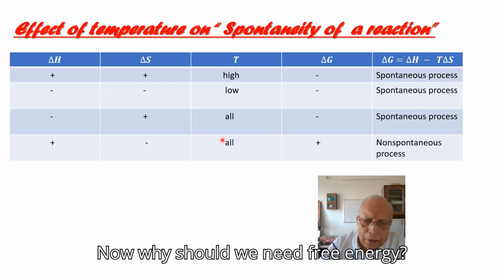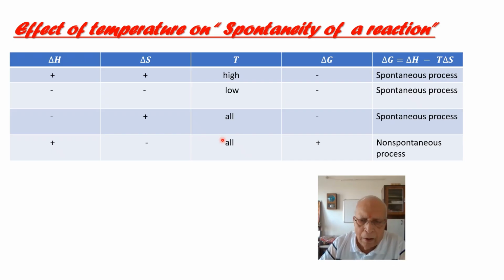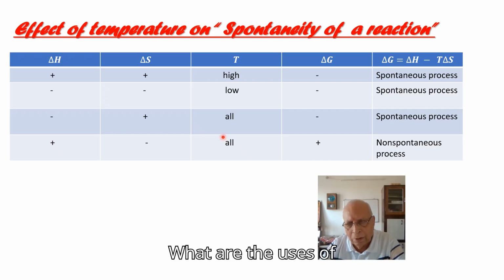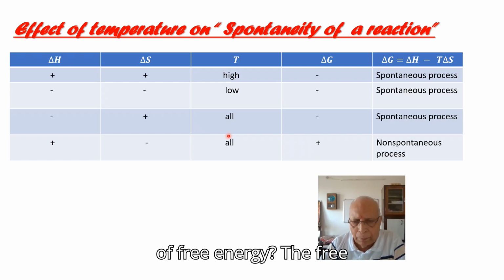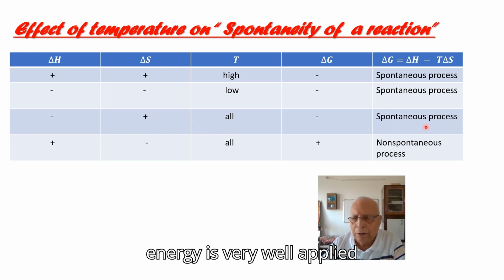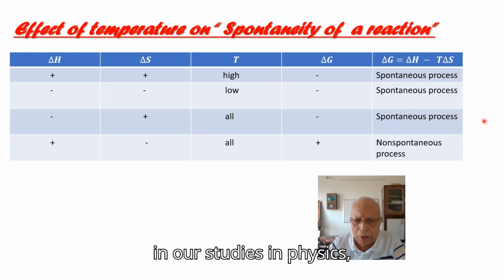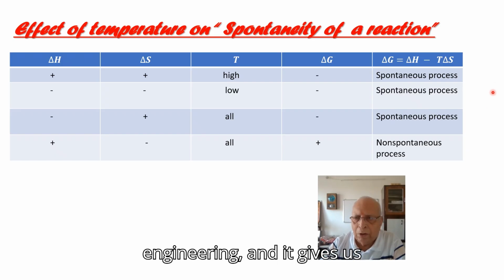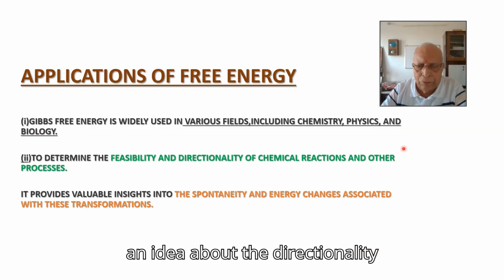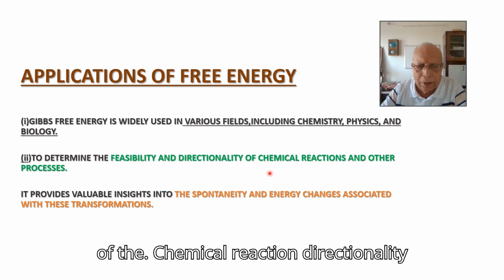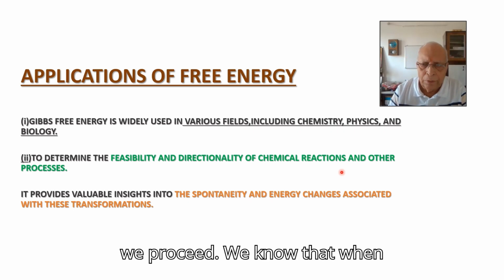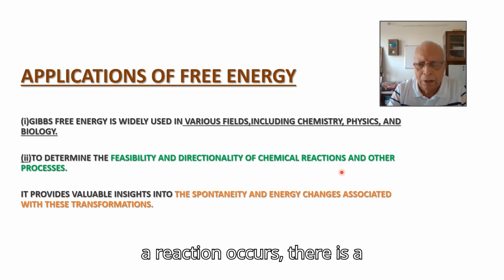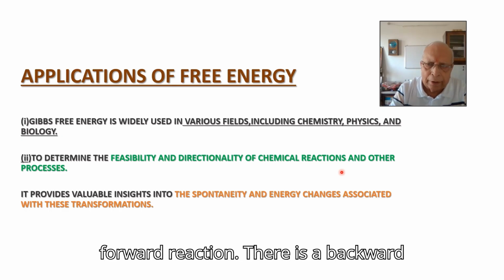Now, why do we need free energy? What are the uses of it? What are the applications of free energy? Free energy is very well applied in our studies in physics, chemistry, biology, including engineering. And it gives us an idea about the directionality of the chemical reaction. Directionality means in which direction the reaction will proceed. We know that when a reaction occurs, there is a forward reaction and a backward reaction.